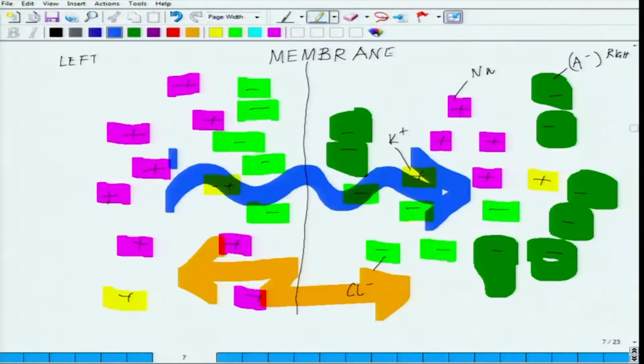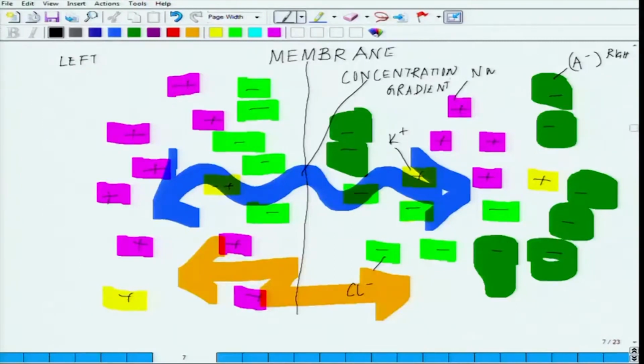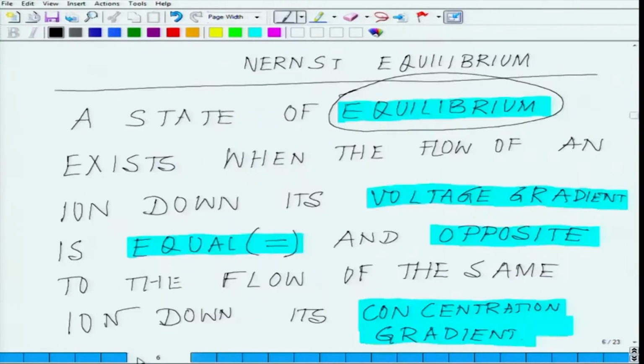So, the blue is telling you the concentration gradient, and this is telling you the electrical charge. So, the balancing act between these two. There has to be equality if you go through this diagram.